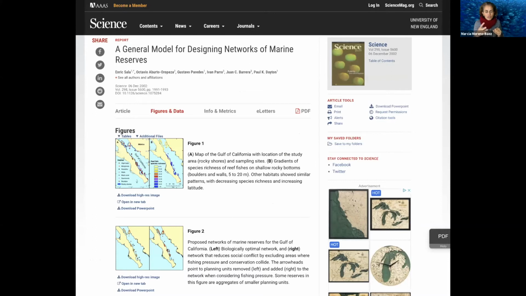And of course, all of this information didn't just stay there. All of this information helped create more and new ideas to continue working in these important biodiverse areas. For example, this information was later utilized to create a general model for designing networks of marine reserves.